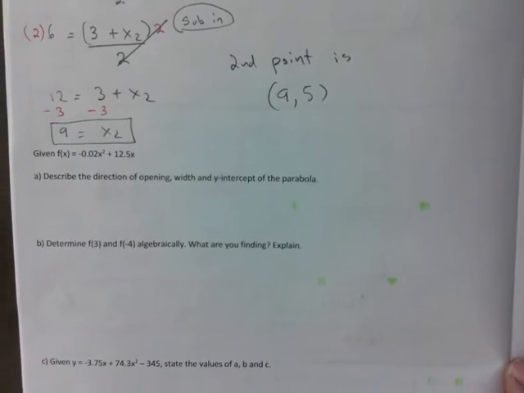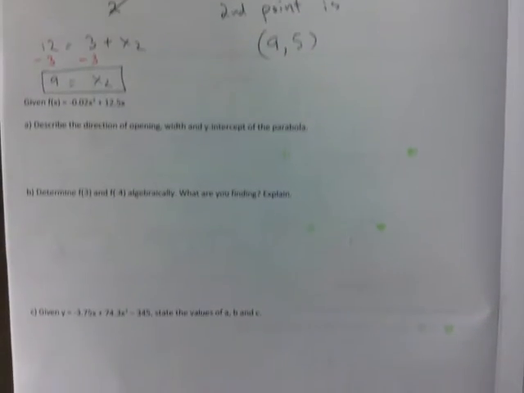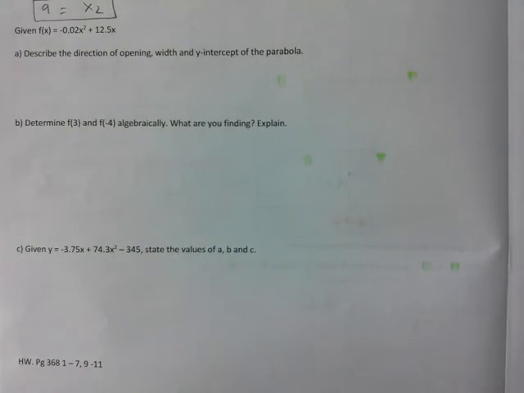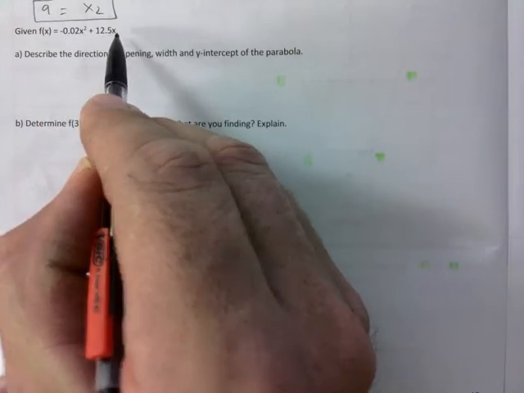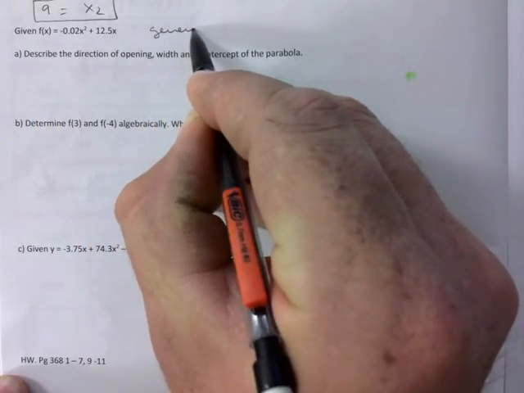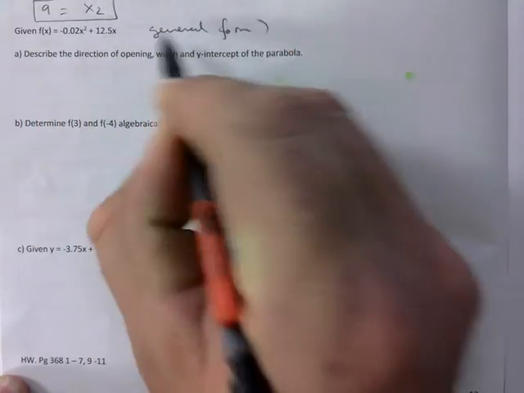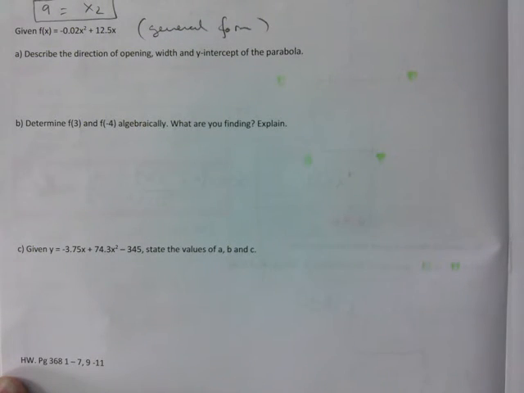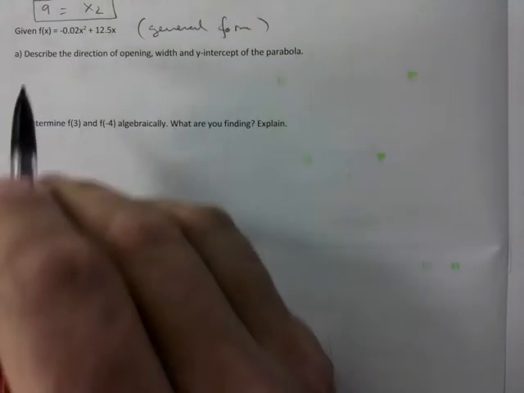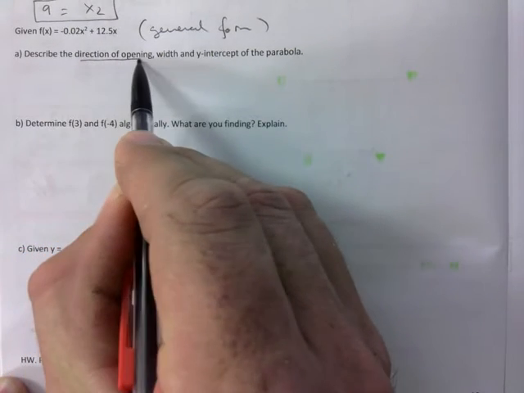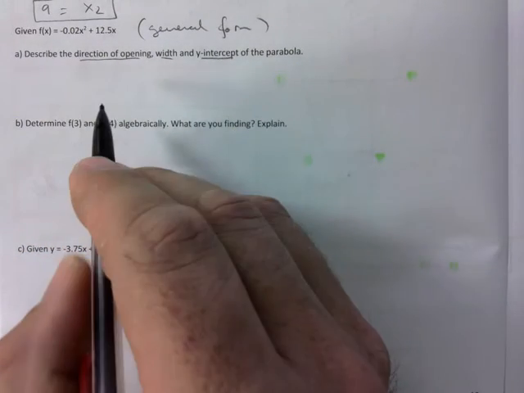Just let's finish this. That way I have covered everything I needed to cover today. So given f of x is this, you should recognize it's in general form because there are no brackets. Describe the direction of the opening, width, and y-intercept of the parabola.